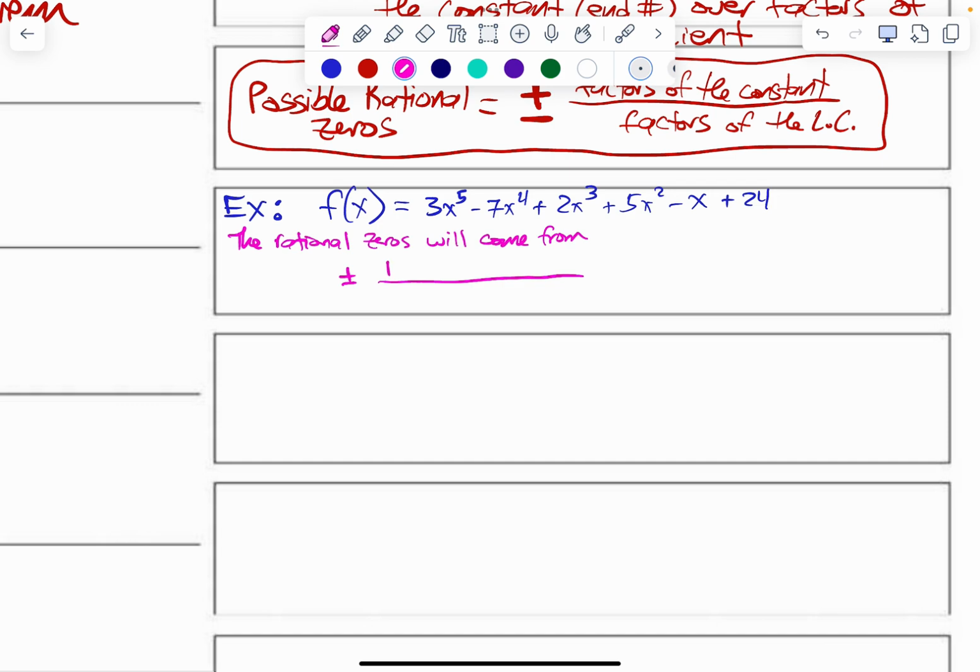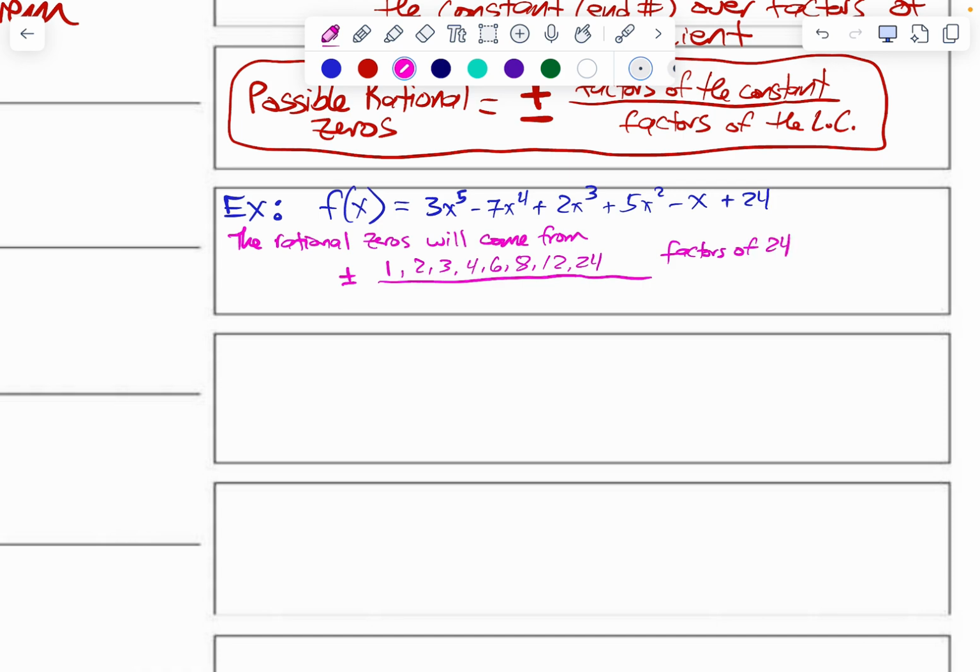That's the best way. 1, 2, 3, 4, 6, 8, 12, and 24. Did I miss any? 1 and 24, 2 and 12, 3 and 8, 4 and 6. No, that's all of them. Everybody see what I did there? In fact, why don't you just tell yourself, since this is notes, this is factors of 24.